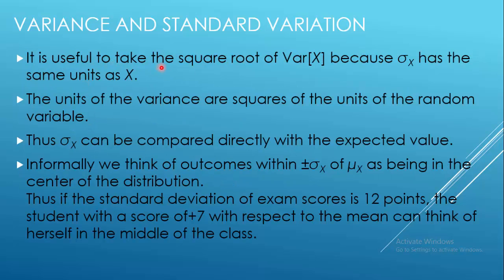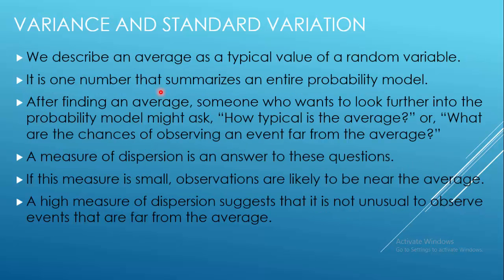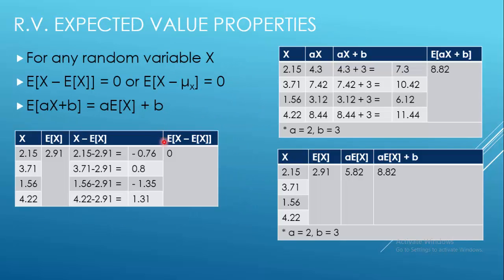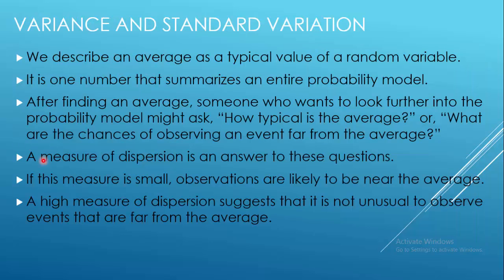It is useful to take the square root of variance, because sigma x has the same unit as x. Now, when we square these values, we cannot compare these squared values directly with x, because they are squared values. This average will be a squared one, and here the actual values have some unit, and of course they are not squared values.